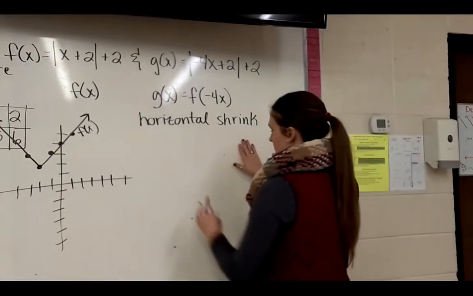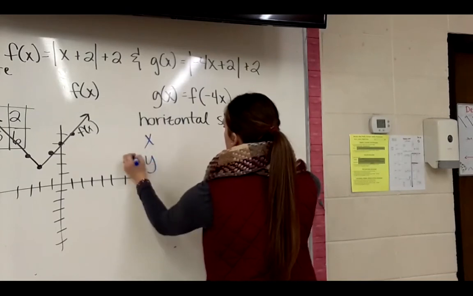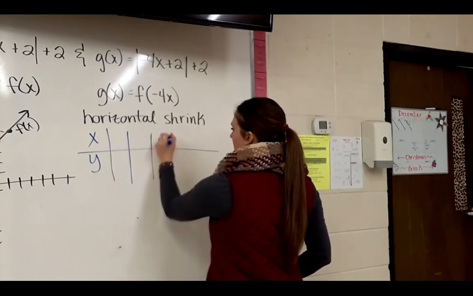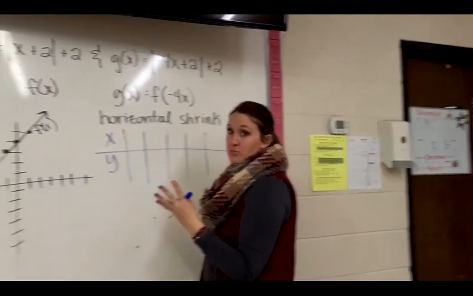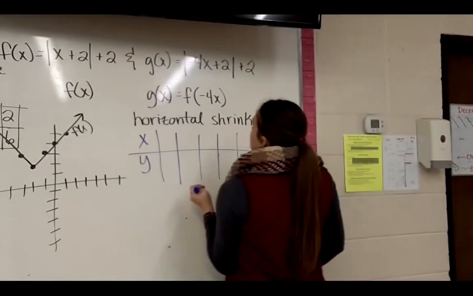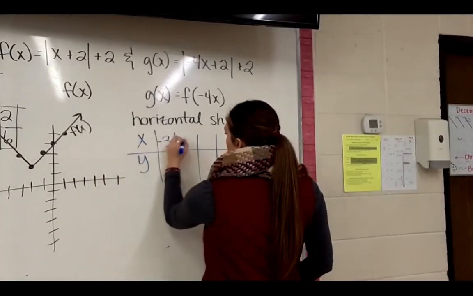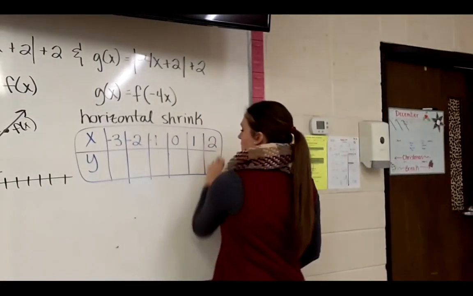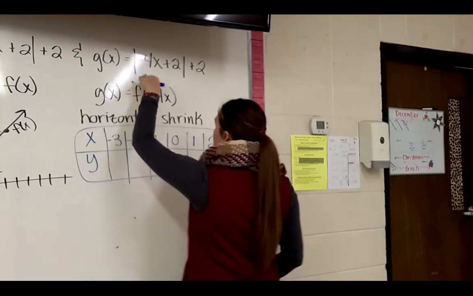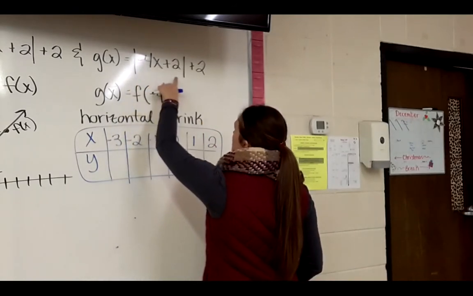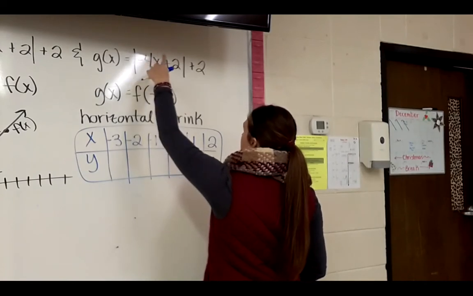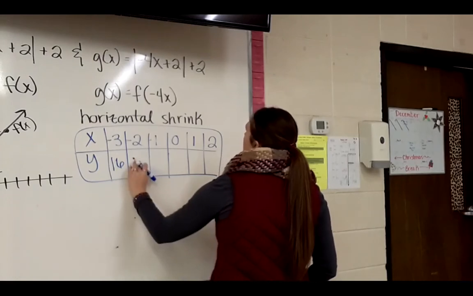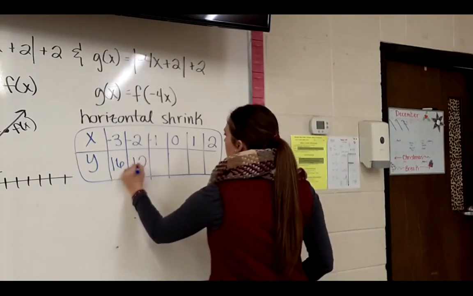Now if I graph g of x, it also has a negative in it, so it's probably going to flip. Let's start with -3 since I did that over there. -4 times -3 is 12, plus 2 is 14, absolute value 14, plus 2 is 16. -4 times -2 is 8, plus 2 is 10, plus 2 is 12.